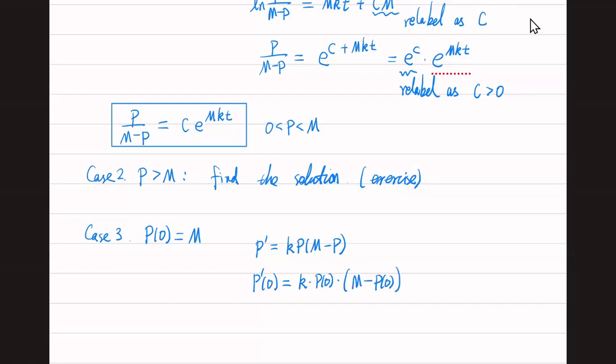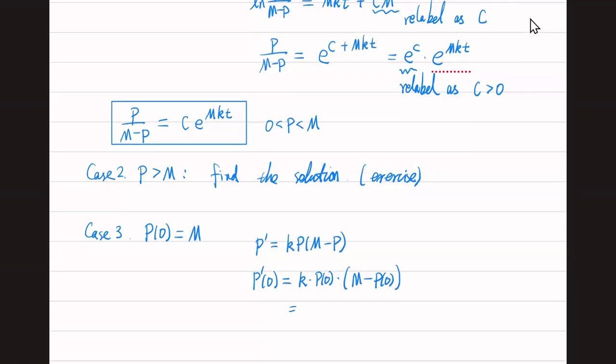If we plug in the condition, this will be Km times m minus m, which is 0. We don't know about the differential solution, but what we know is the derivative is 0 at this time.